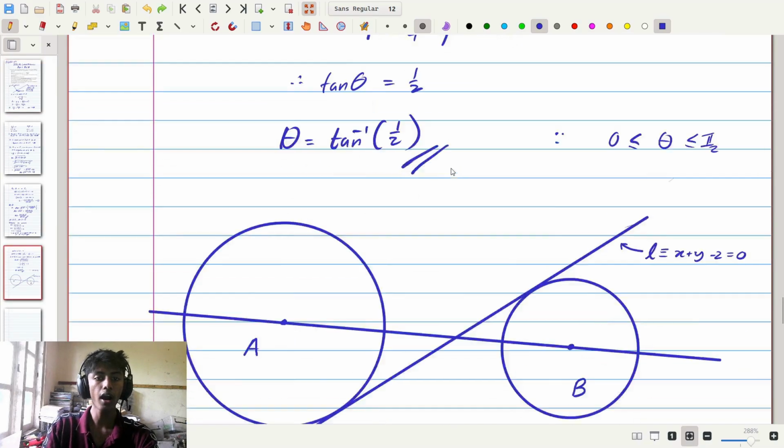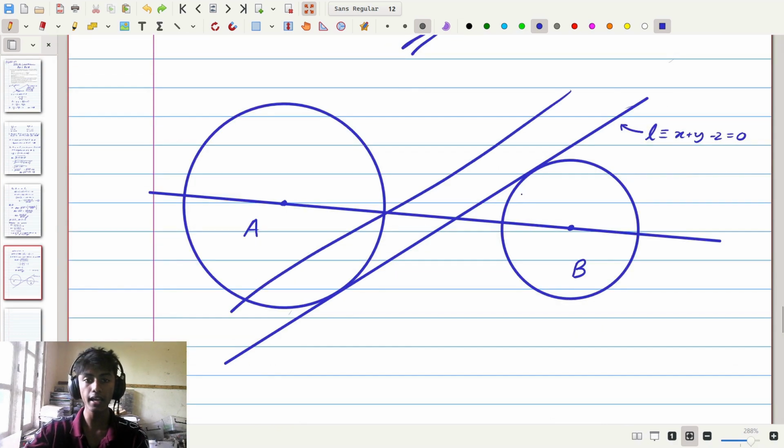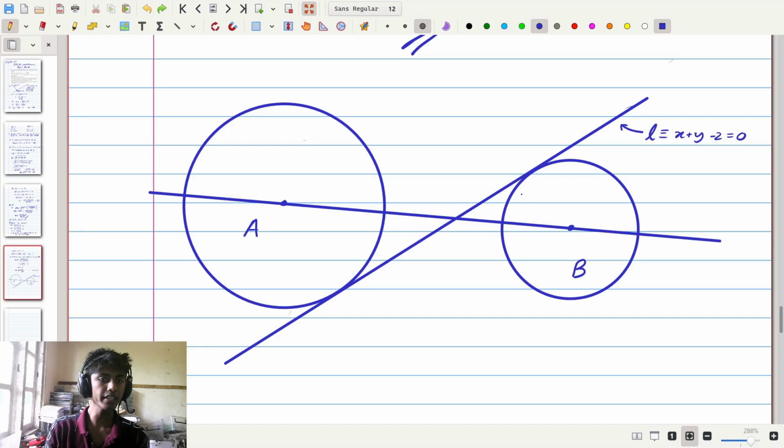Now going down, I have actually drawn a diagram for this situation. Here you can see we have the line L and we also have two circles, one centered at the point A and another centered at the point B. Since both of these circles just touch the line, L is tangent to both of these circles.